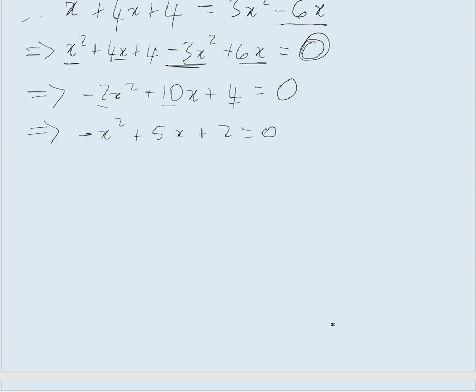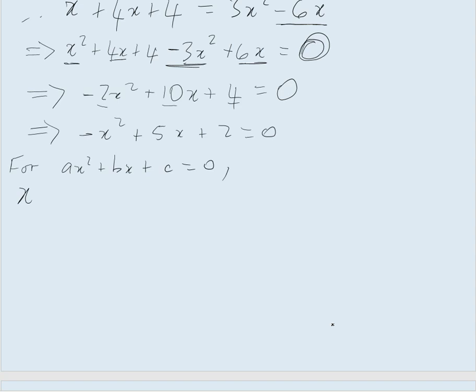So I don't know if you need to memorize this, maybe you'll be given it, but this is it. Let me write it like this. ax squared plus bx plus c is equal to 0.